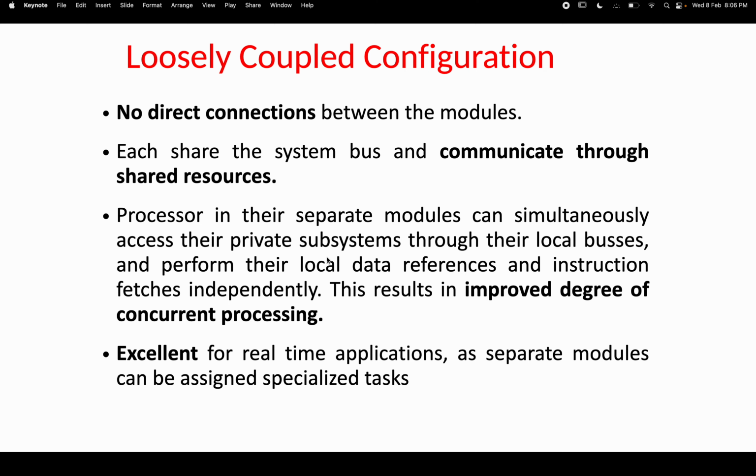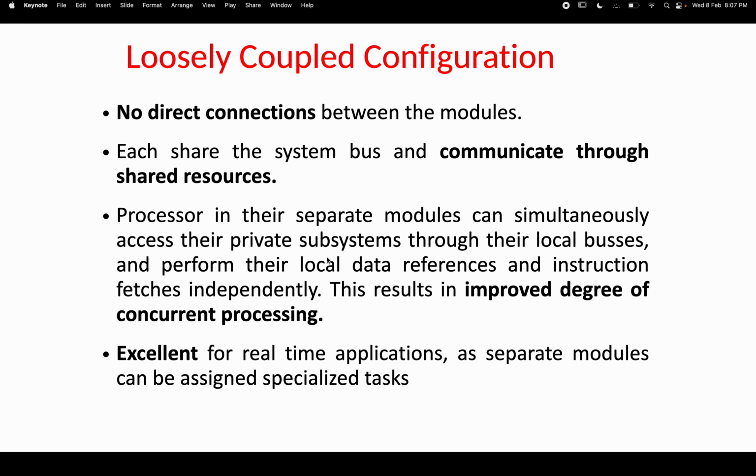So if there is any error or failure in a module, the overall function will not be affected. Only the function belonging to that particular module will be affected, because there are no direct connections between the modules. Each shares the system bus and communicates through shared resources.